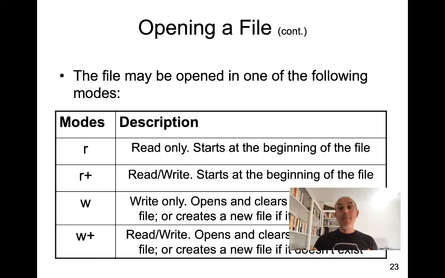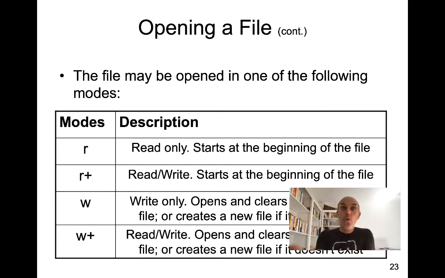So the file may be opened in one of the following modes. One is r, read only, or r+, read and write. w is write only, and w+ is read and write, which is probably the preferred way.